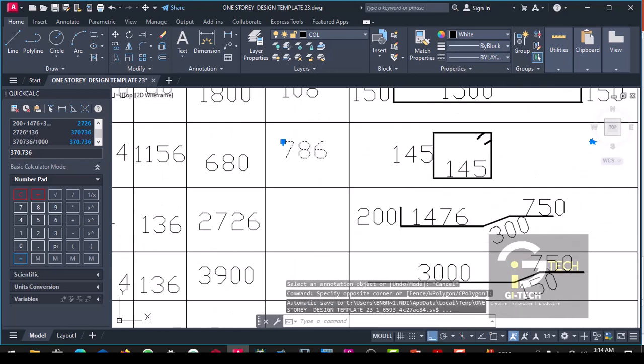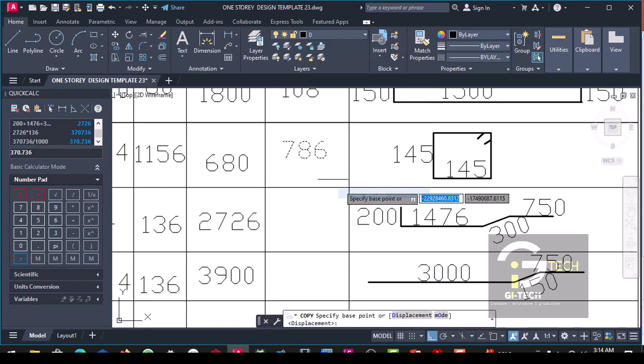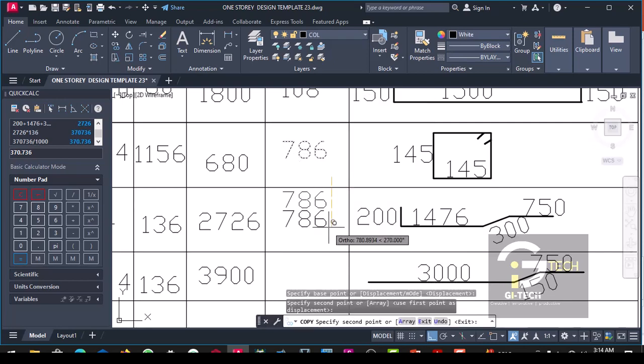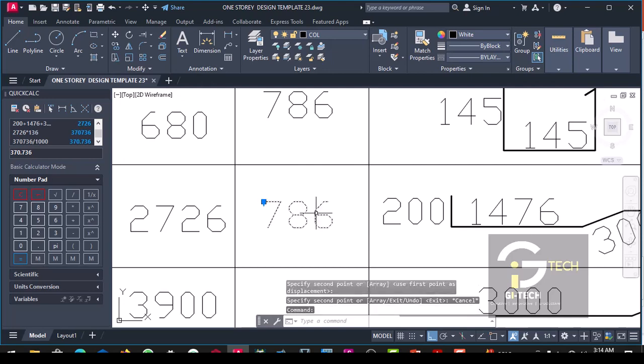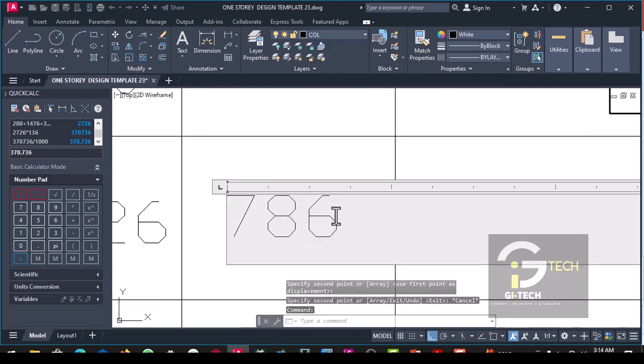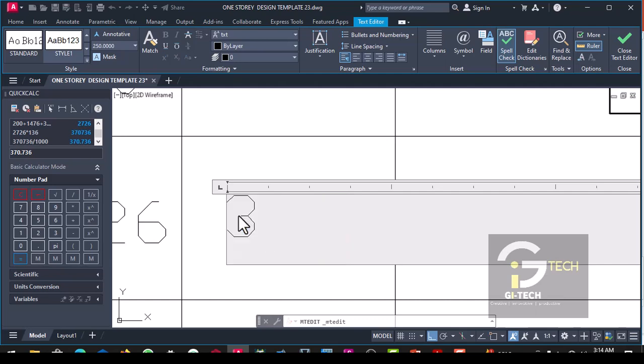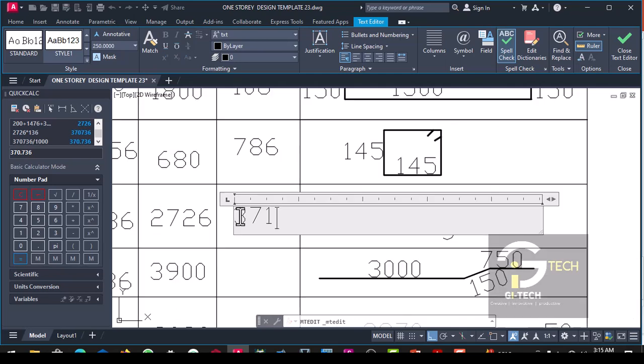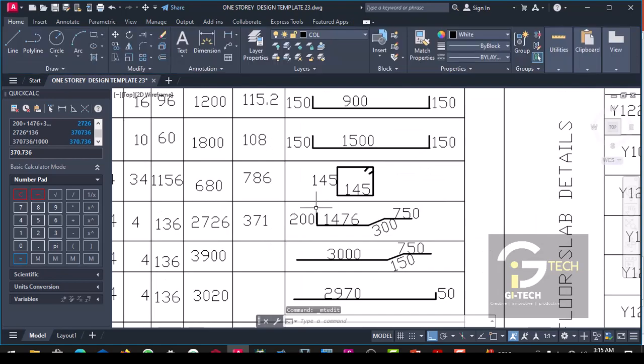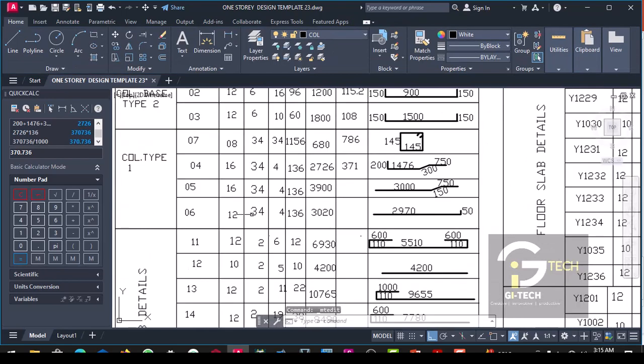So we will have 370. So we can convert this to 371 meter.